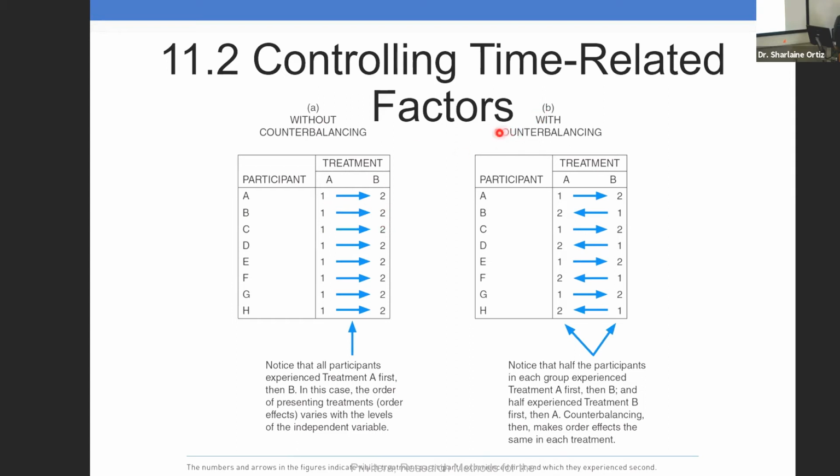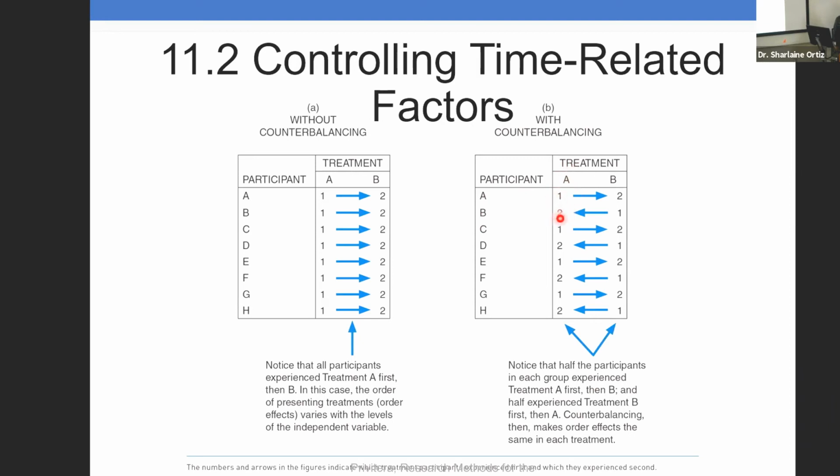Notice that when we use counterbalancing, in this particular case, about half of the participants in the group experienced treatment A first and then treatment B. So for example, participant A was exposed to my first treatment first, and then my second treatment, treatment B. But my second participant was not exposed to treatment A first.